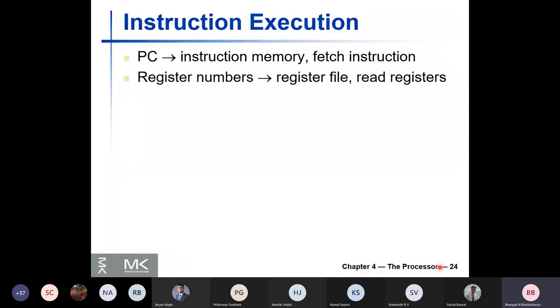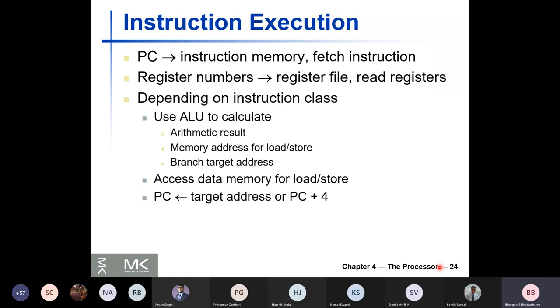Instruction execution: well, we need a PC, of course, which provides the address of the next instruction to be fetched. And we have a register file that comprises these 32 registers and so on. And we need some register numbers or register IDs in order to designate a particular register. And depending on the instruction class, we may invoke the arithmetic logic unit to compute an arithmetic result or memory address and also the branch target address.